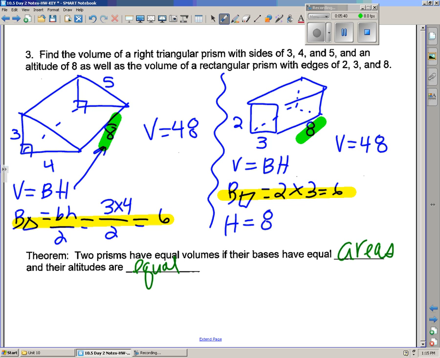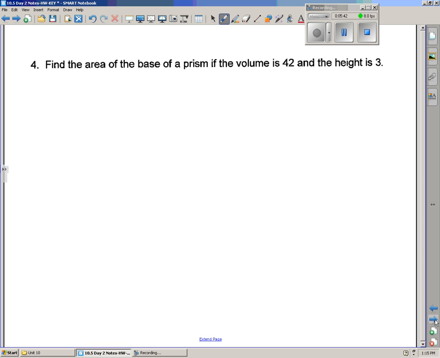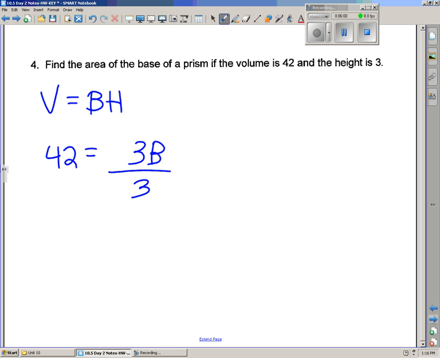Find the area of the base of a prism if the volume is 42 and the height is 3. Again, for prisms, volume equals area of the base times the height. We know that the volume is 42, and we know that the height is 3. What we don't know is the area of the base. This is pretty easy.